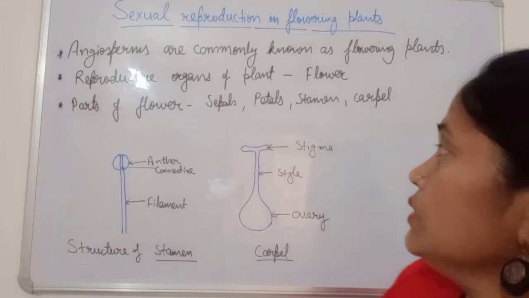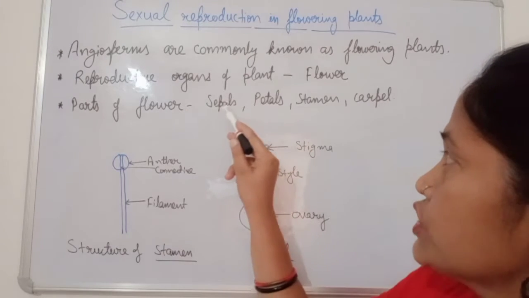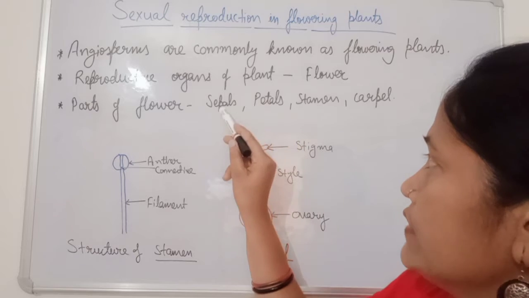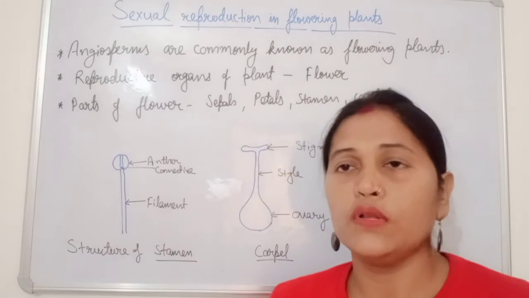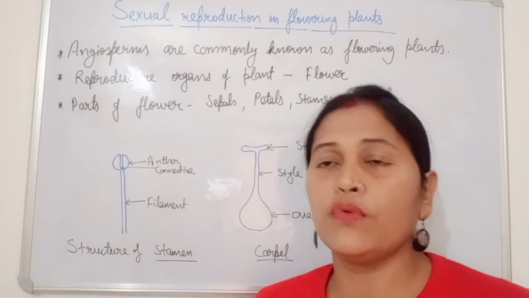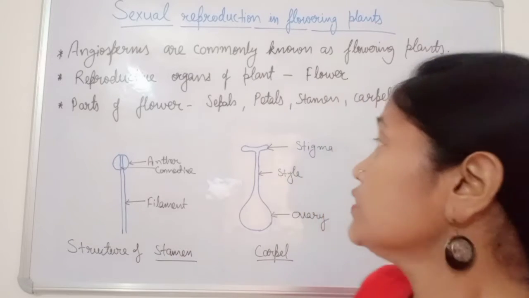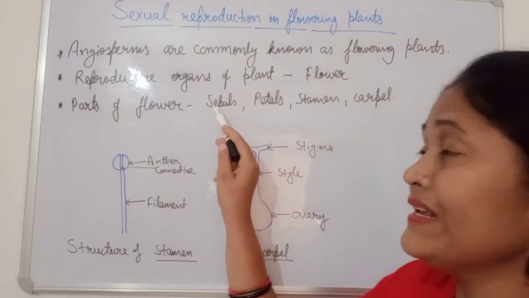Sepals and petals are actually non-essential parts. These are in the form of whorls; four complete whorls are present in a flower. Sepals are usually green in color.